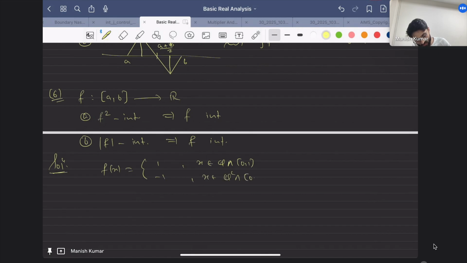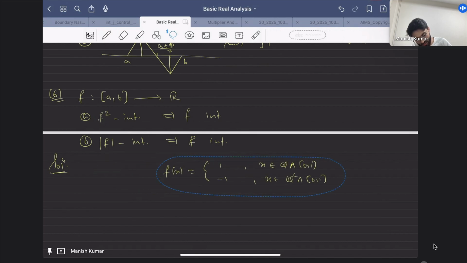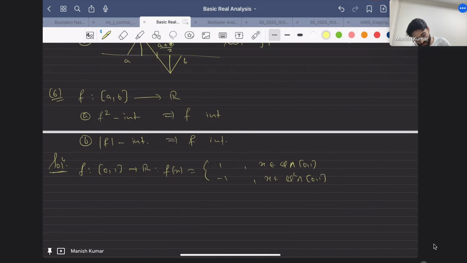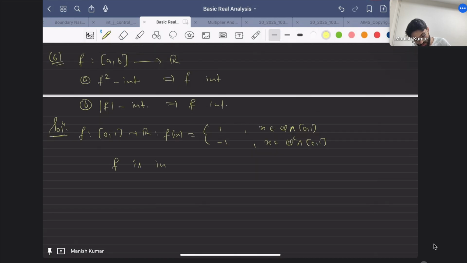Then you can clearly see that this function is not integrable, not Riemann integrable. But f square and mod f are just constant functions, right?